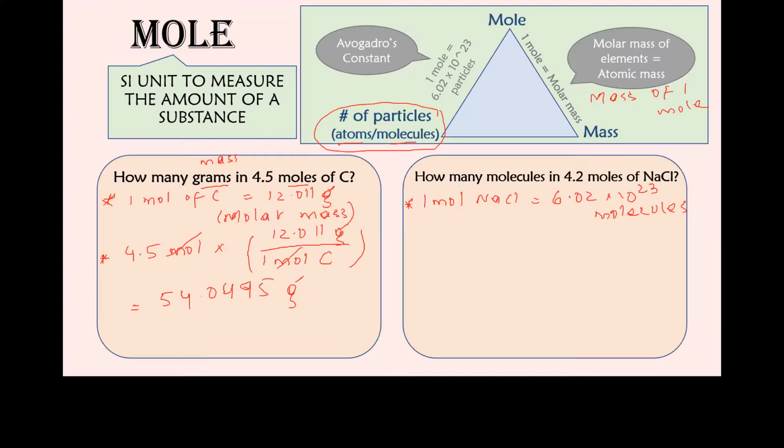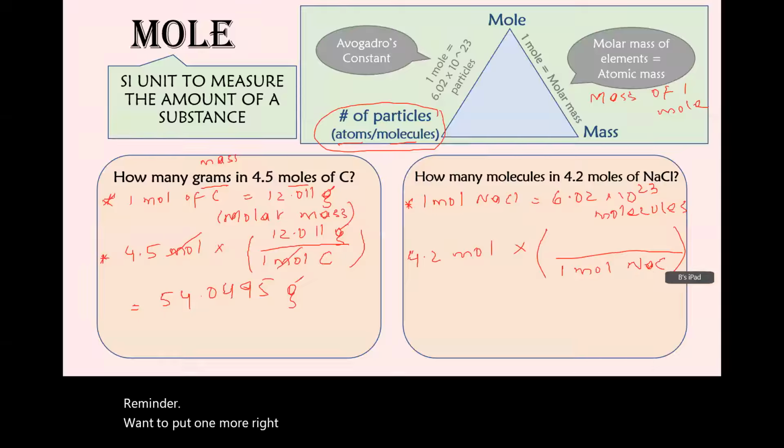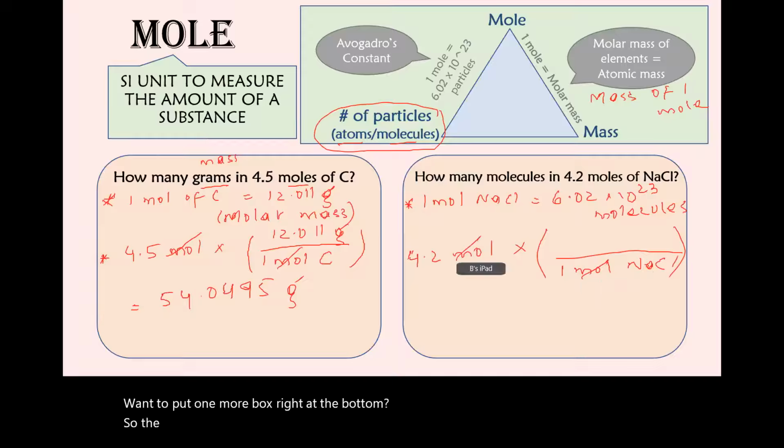And then we start with what's given in the question. That's going to be 4.2 moles. And then we multiply this with the conversion factor. Remember, if you want to cancel the moles, we are going to put 1 mole of sodium chloride at the bottom. So the mole cancels out with the mole.